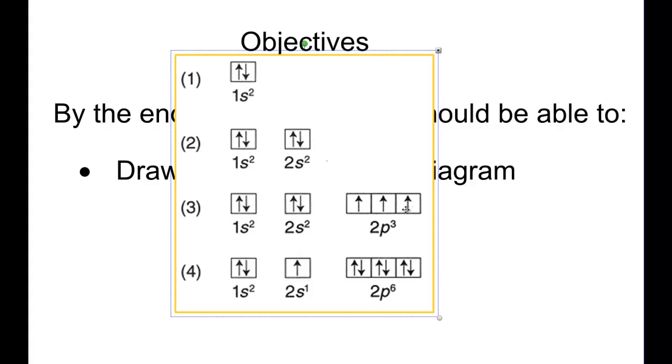And then we're going to learn about a rule today called Hund's rule. Hund's rule says you must fill each orbital with at least 1 electron before you move on to the next one. So we're going to do 3 up arrows before we start going back and doing down arrows. We're going to do lots of practice with these.